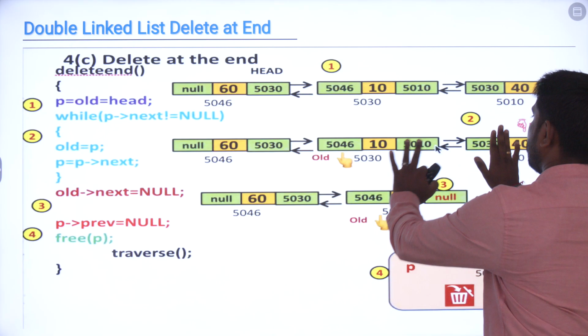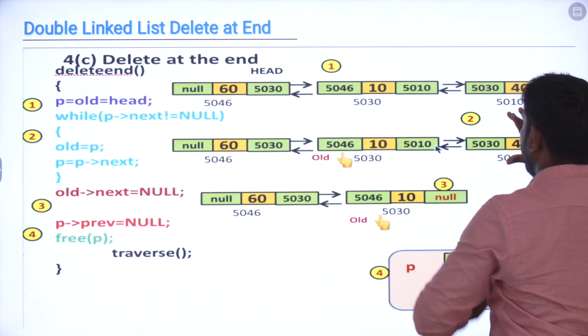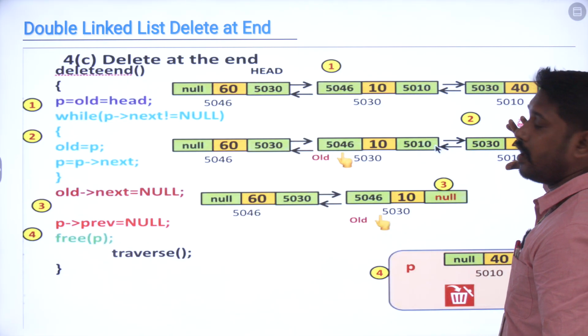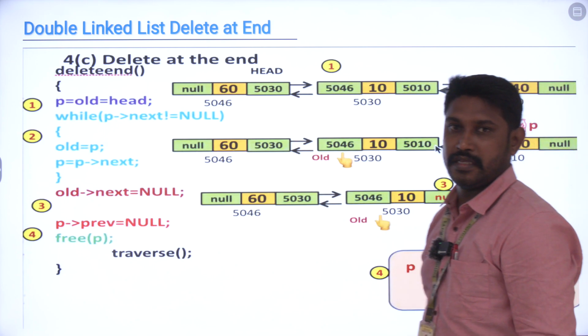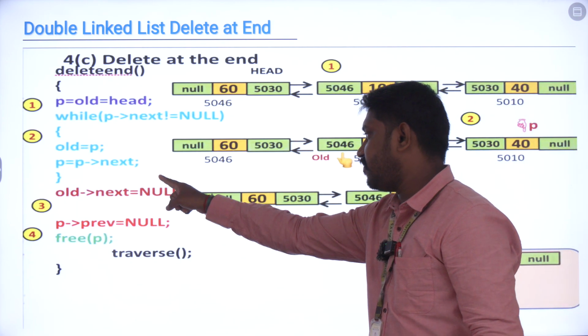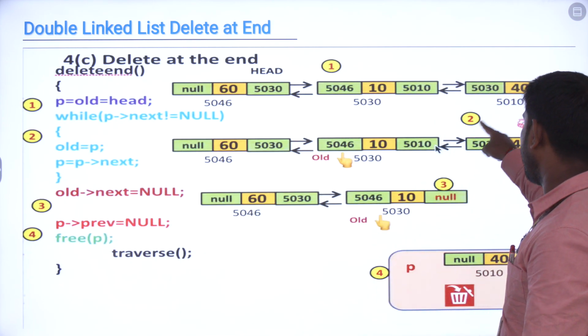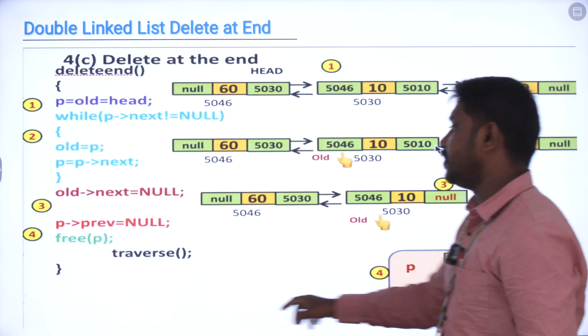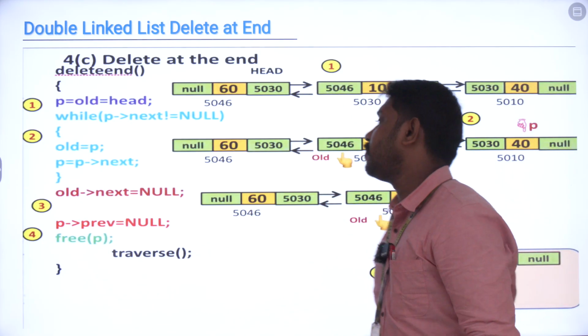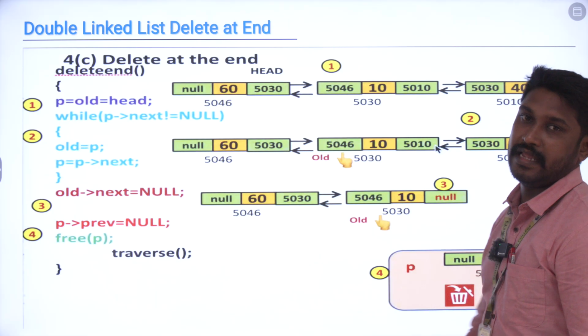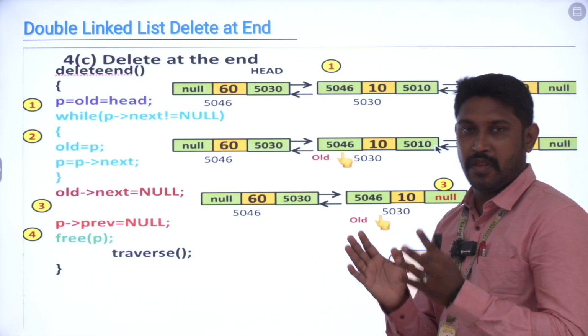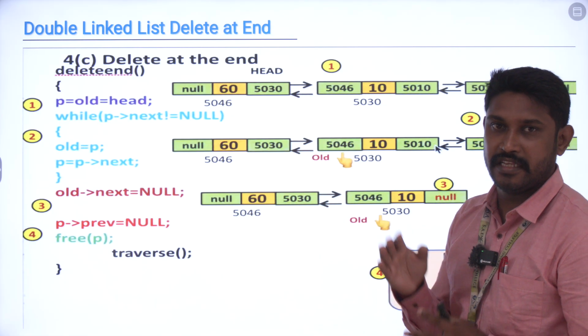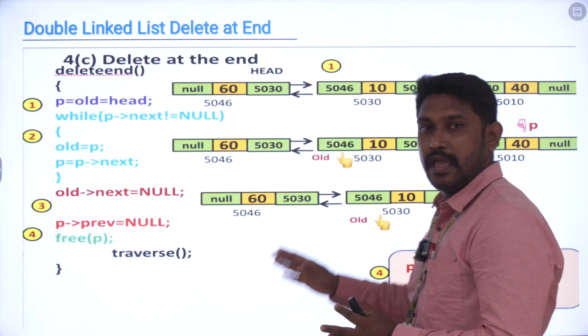So this address became null, so I can remove this particular pointer. With the help of these two lines, I can remove this and set free P. So this P node has been deleted, and the deletion has been done at the end.